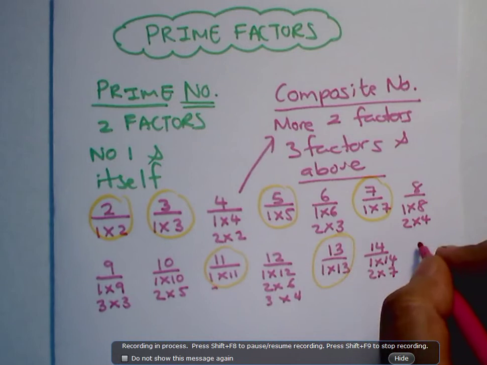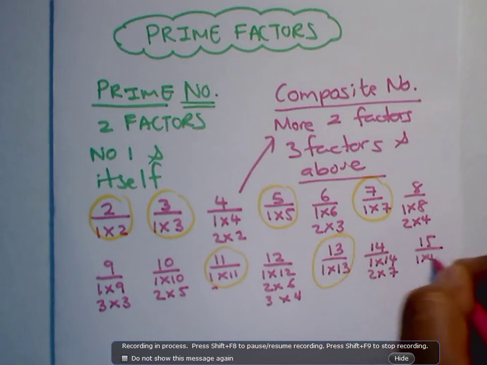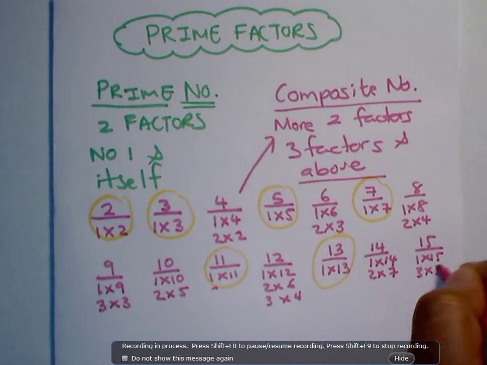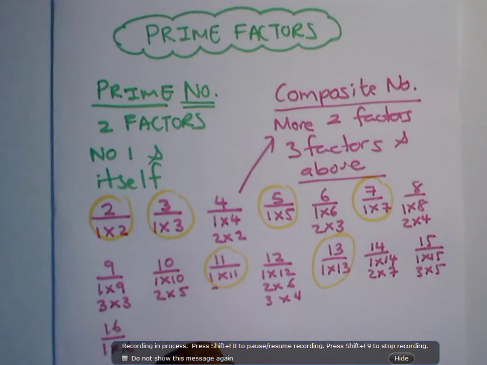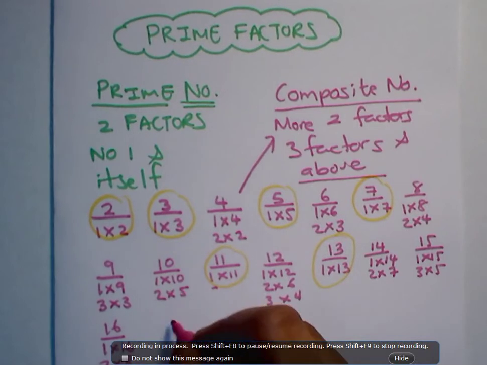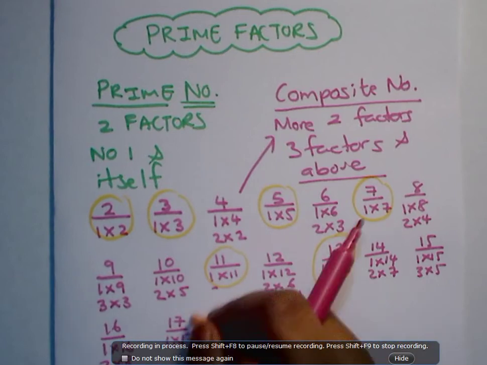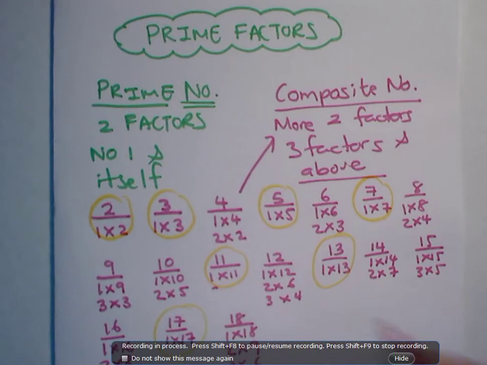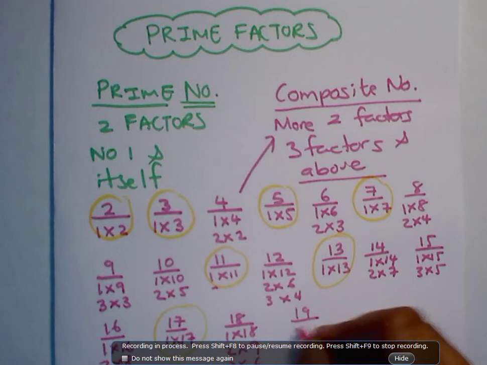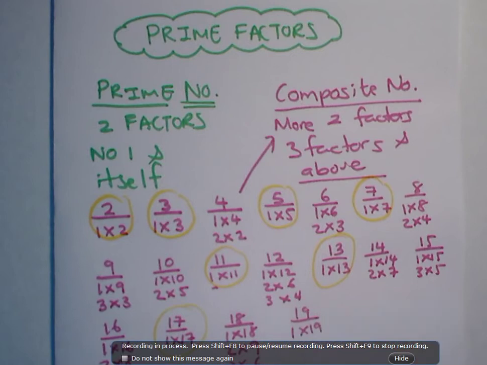Then we got 15, 1 times 15, 3 times 5, nope. Then we got 16, 1 times 16, 2 times 8, 4 times 4, nope. Then we got 17, 1 times 17, yep, that's a prime number. And then we have 18, 1 times 18, 2 times 9, 3 times 6, so that's a composite number. 19, 1 times 19, that's a prime number.